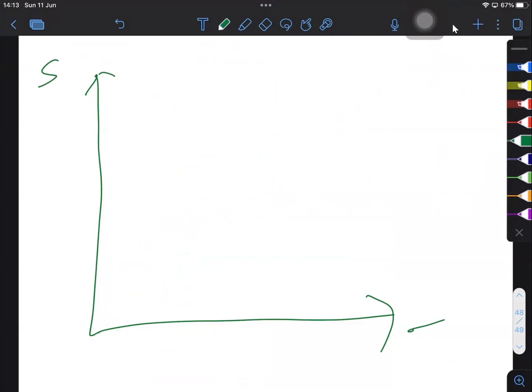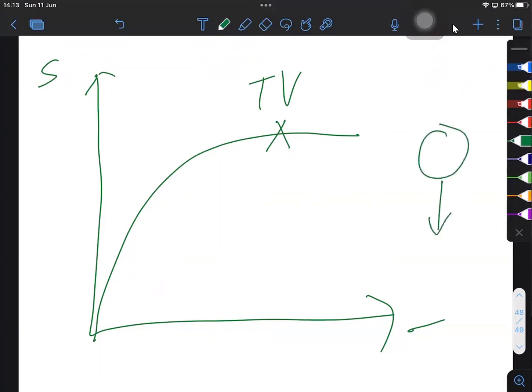Why is it going to be 2 here? Eventually, it's going to flatline as well, right? What's this point called when it flatlines? Terminal velocity, guys. How is terminal velocity achieved? Good. The object is falling downwards and is being pulled by gravity, and then the upward force is due to air resistance. Now pay attention, in your exam, they will ask you to explain in terms of forces how this graph works.